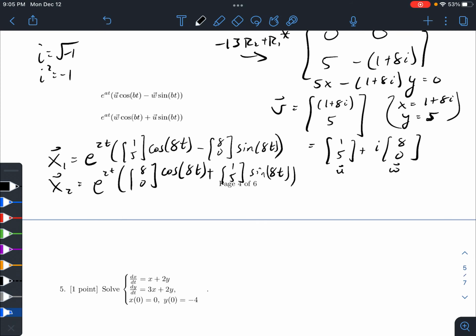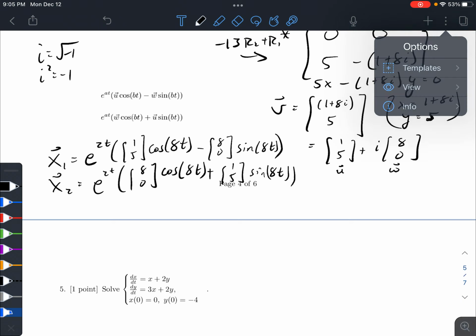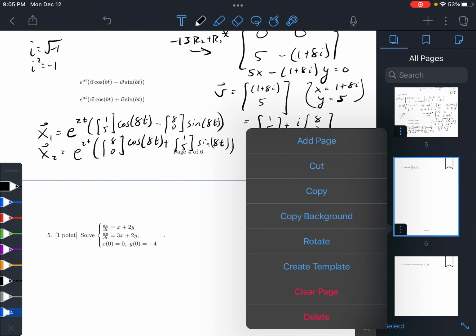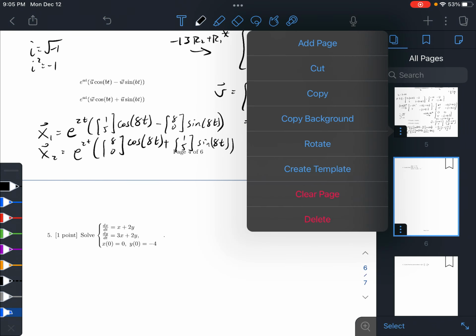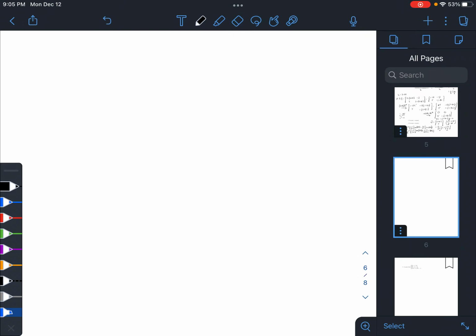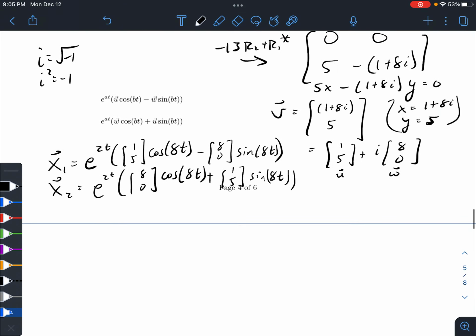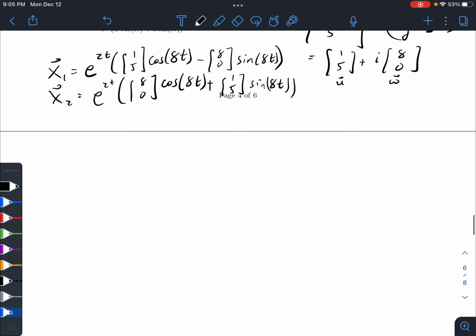That should be plus. I'm just going to add a page here. So why not? All right, so general solution, c1 x1 plus c2 x2.